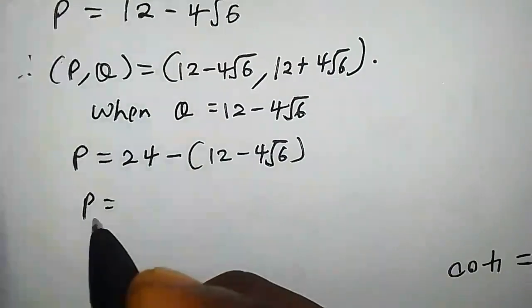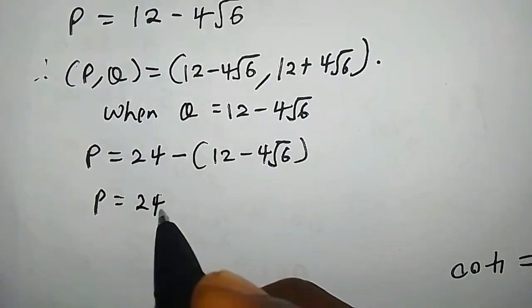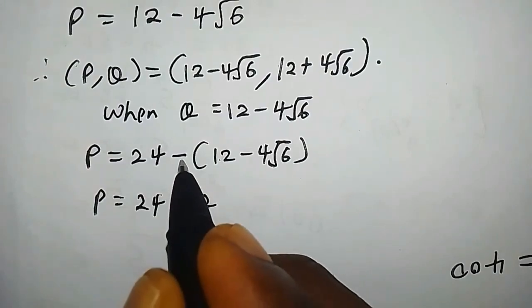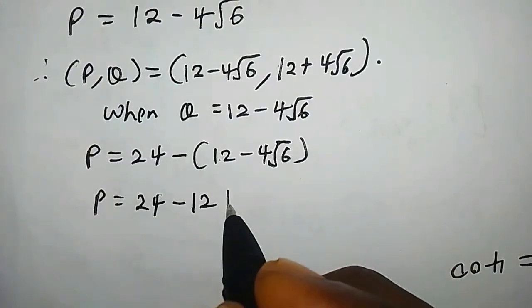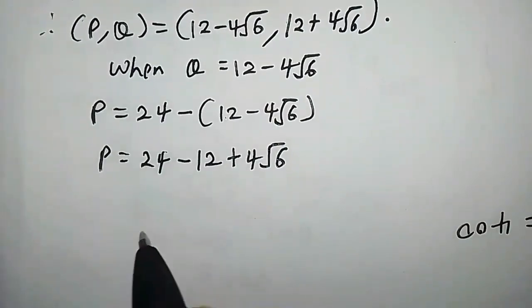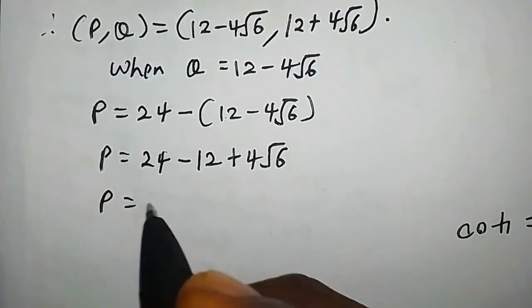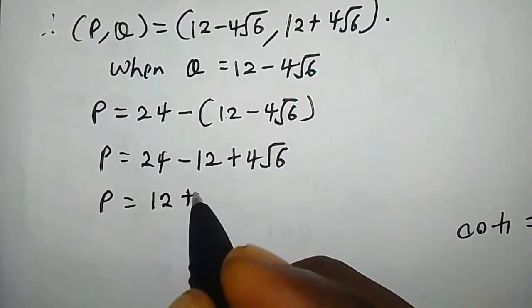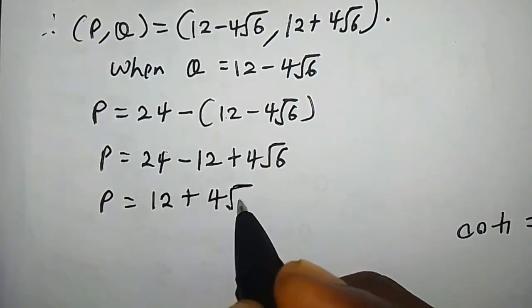P is equal to 24 minus 12 minus minus, that is plus 4 root 6. P is equal to 24 minus 12, that is 12, plus 4 root 6.